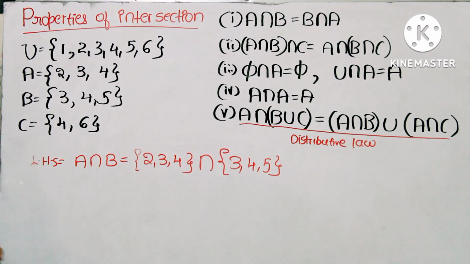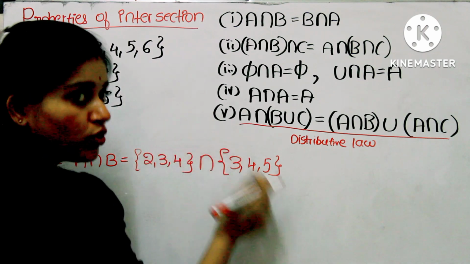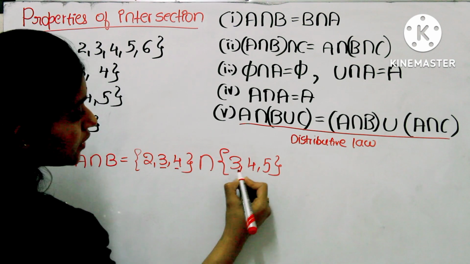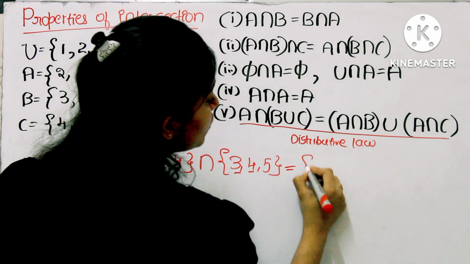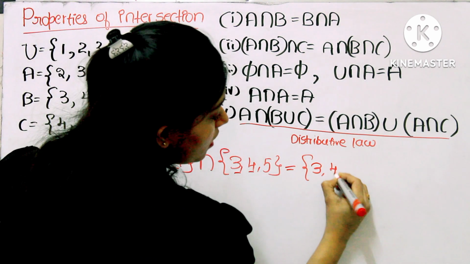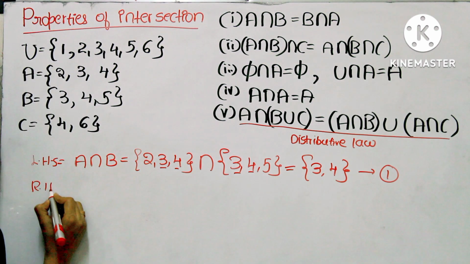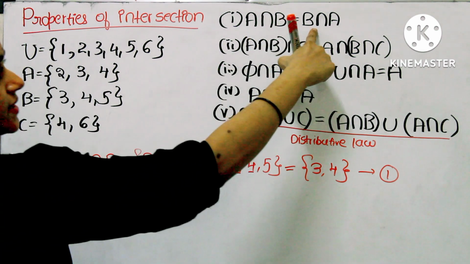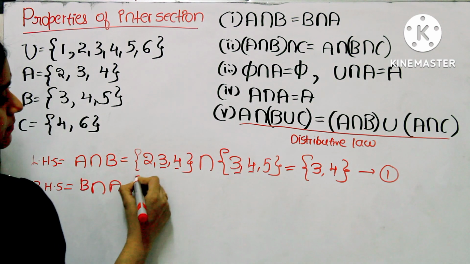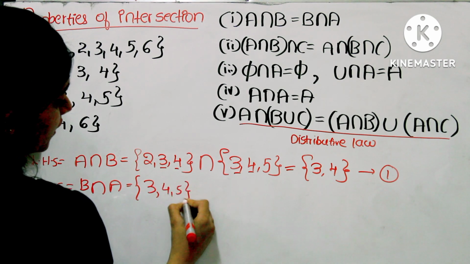So now in intersection what do we have to write? We have to write the elements that are in both A and B. In both A and B we can see 3 and 4, correct? So A intersection B is equal to 3, 4. Take this as 1. Similarly, take RHS. What is RHS? B intersection A. What is B? 3, 4, 5.